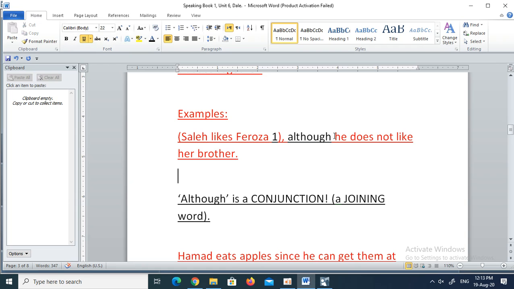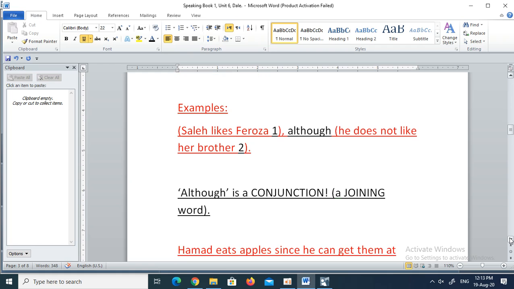And then clause number 2, he does not like her brother. So we have a situation where that word, although, which is a conjunction, a joining word, joins two clauses. It joins clause number 1, Sally likes Feroza, and clause number 2, he does not like her brother. So those two clauses are joined by the conjunction although.